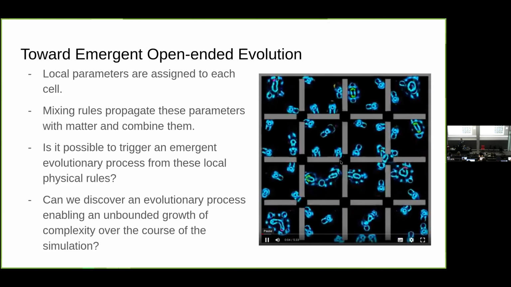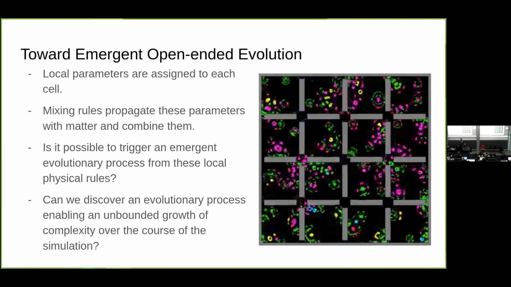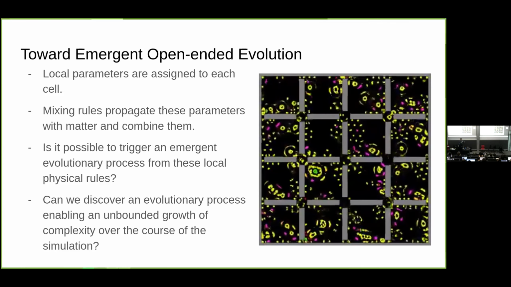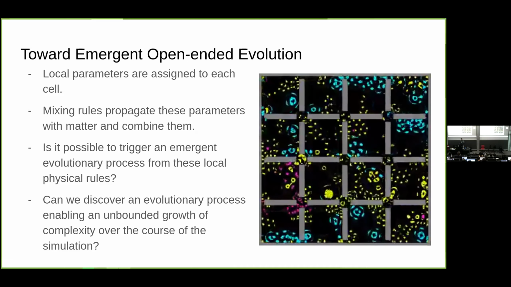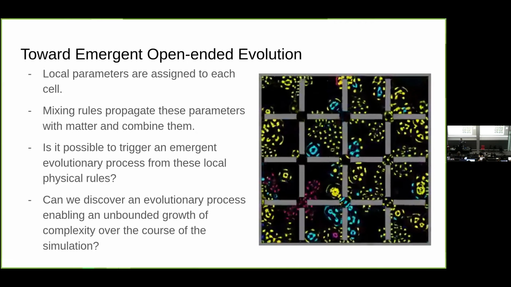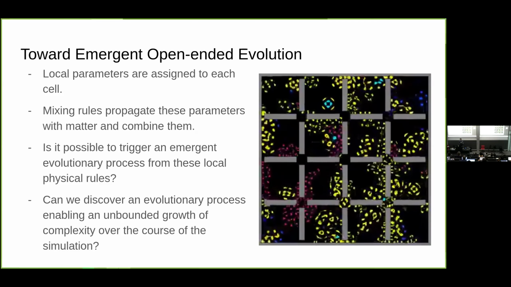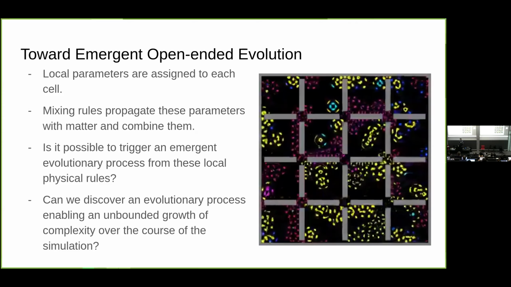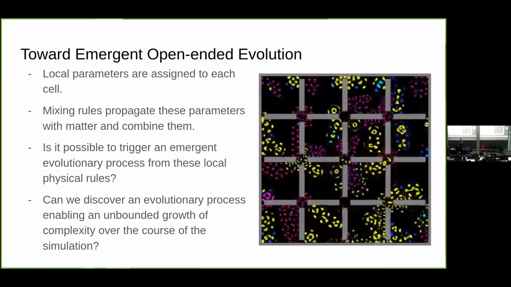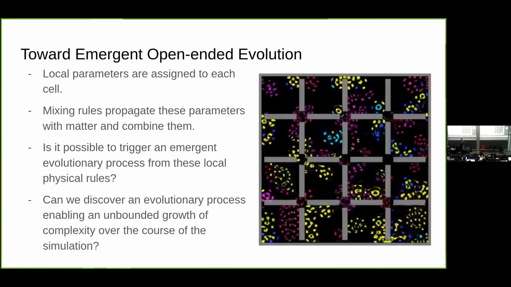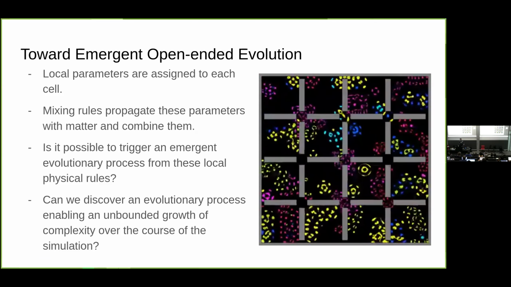And from there, what we would like to see is an emergent evolutionary process, because it's not directly creatures with a genome, but it's rules that move around and propagate. And what we call a creature is made of a set of neighboring cells.